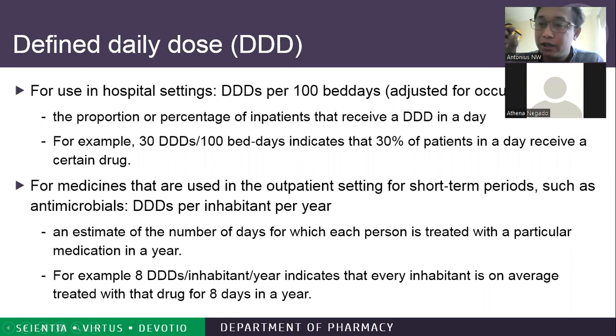Bed days means that if a patient is in the hospital for 5 days, then it can be said as 5 bed days. So the number of patients multiplied by the number of occupied beds gives us the bed days, per day. And for outpatients, we can use DDDs per inhabitant per year.